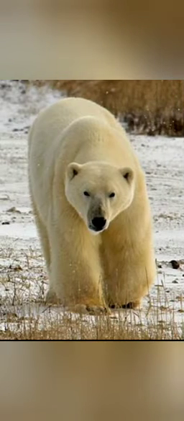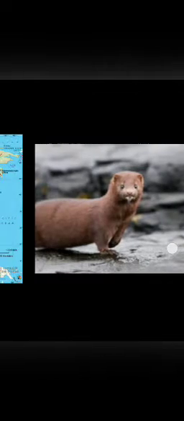And this is a picture of reindeer. This is polar bear, sable, and at last mink.